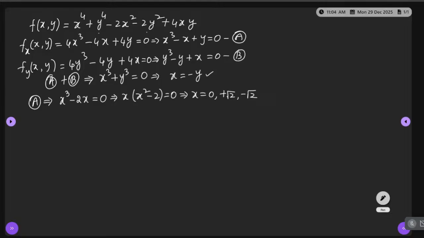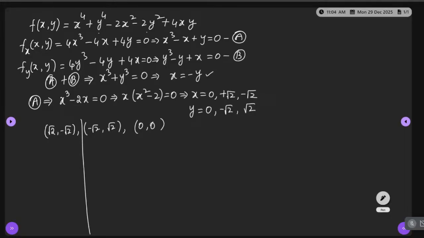Next, what will be y? When x is 0, y is 0. This is minus root 2, this is plus root 2. What are the stationary points? Root 2, minus root 2. Next, minus root 2, root 2. Next, 0, 0.